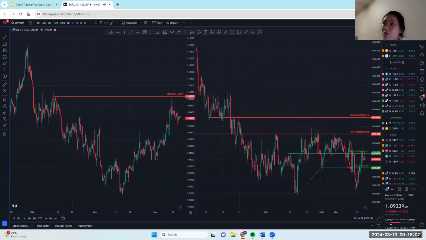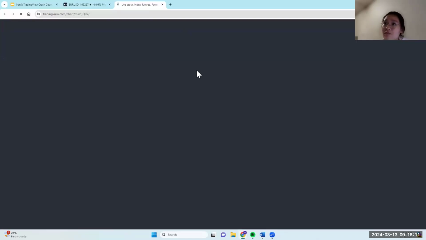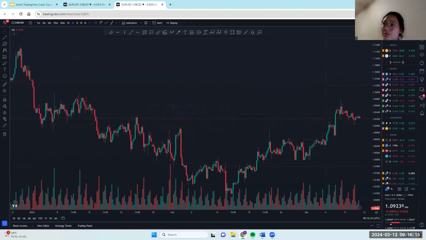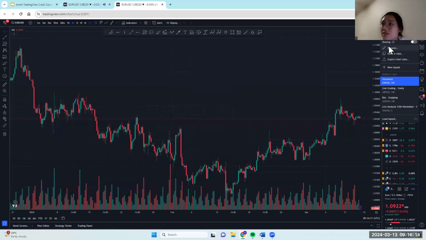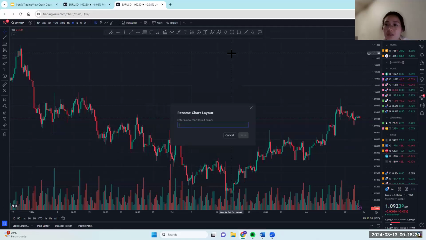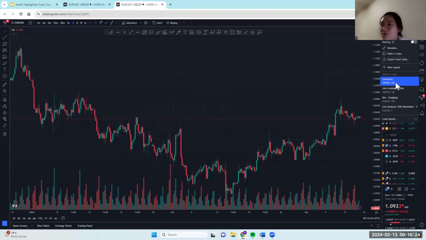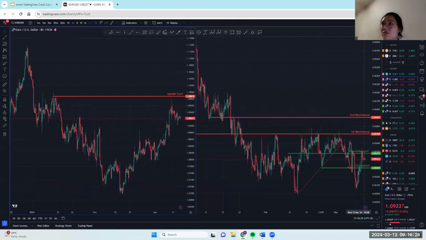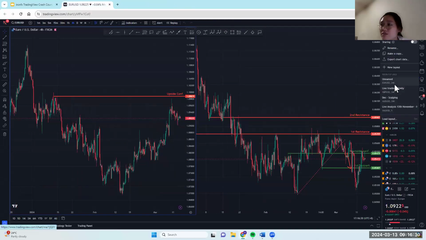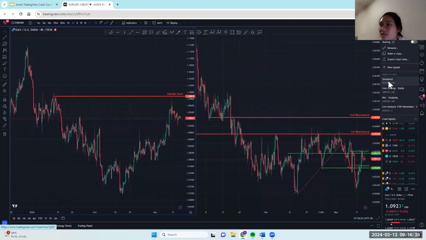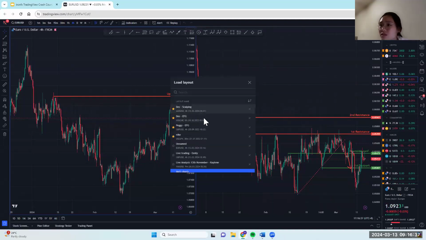But if you want to create a new layout, just click on new layout, and then you can label it accordingly over here. Rename, and just add in a new name here. But I'm going to remove that since I already have my own layout here. I'll delete this later.